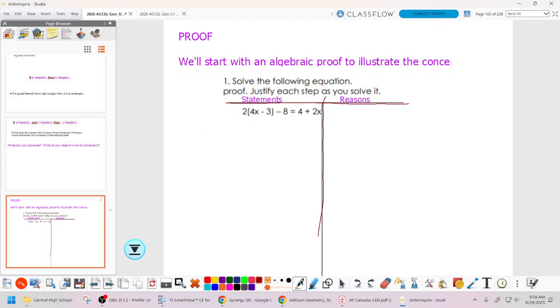Okay, here's what I'm just going to work through these with you to demonstrate. Number one, the statements. This is the development of the argument.